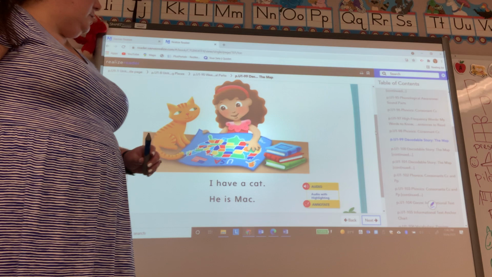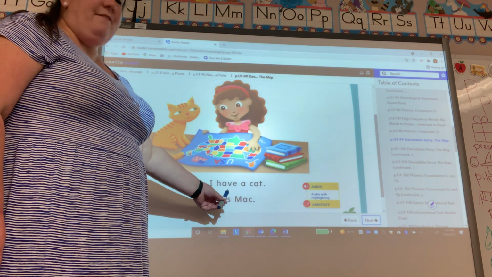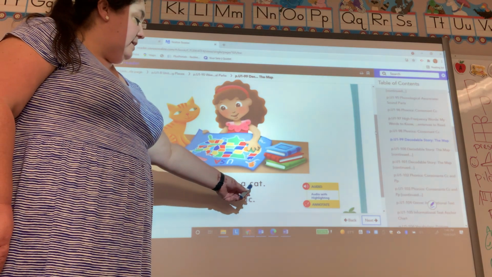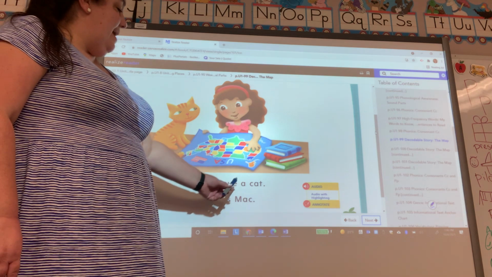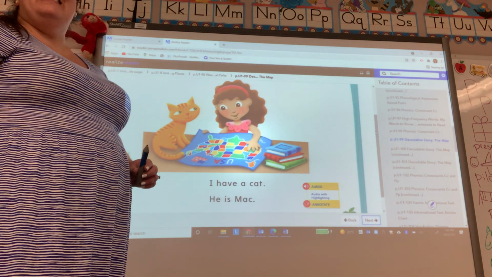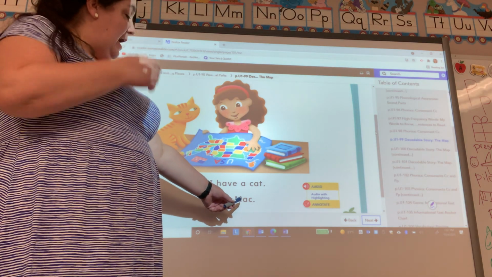These are sight words. I have a cat. I have a cat. He is Mac.